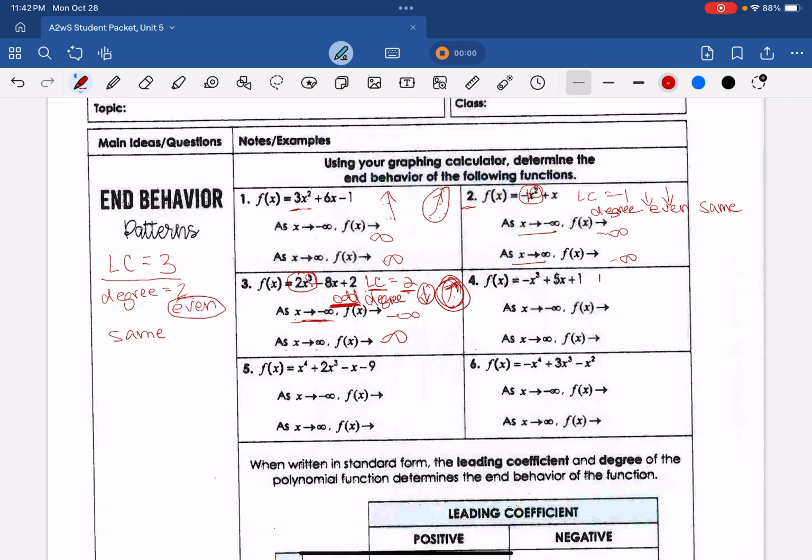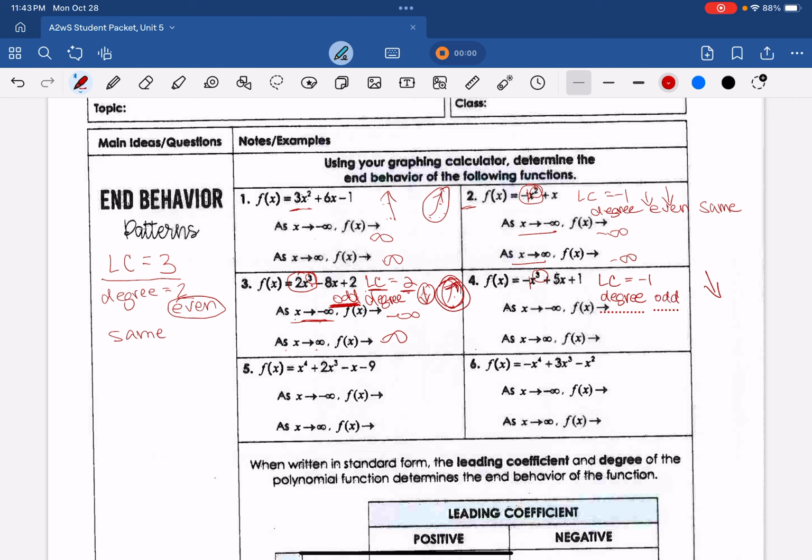On number 4, our lead coefficient is a -1. The number in front of the x cubed is a -1. So what that tells us is the right side of our graph is headed down. Negative means it's headed down. Okay, so now what we look at is our degree. The degree of the polynomial is odd. So if it's odd, our ends are at odds.